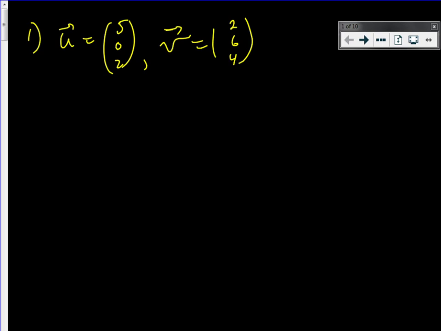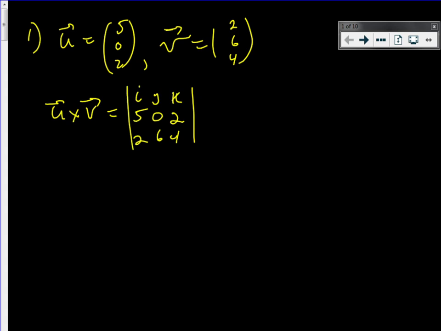How you do that is you write down vector u horizontally, vector v horizontally, and then i, j, k. And the cross product is just that determinant.